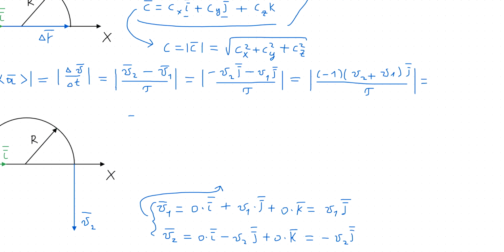We can do the next thing: the absolute value of minus 1 multiplied by the absolute value of (v2 plus v1) divided by tau, and multiplied by the absolute value of j.